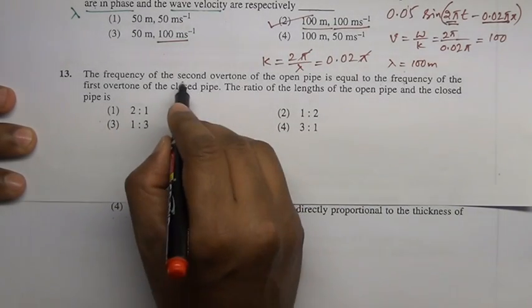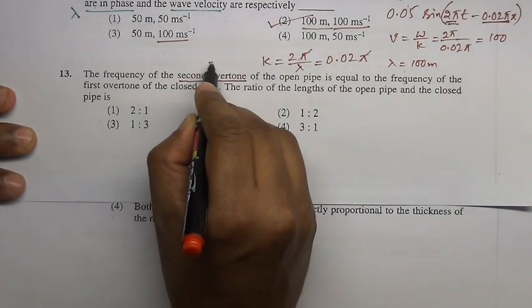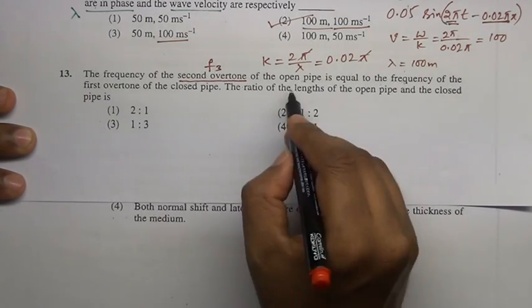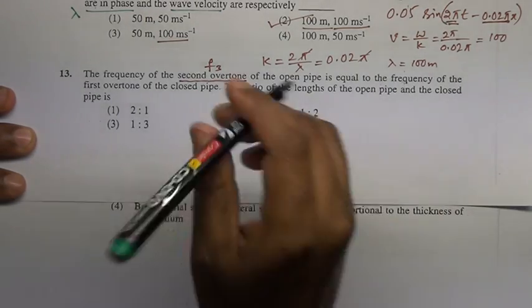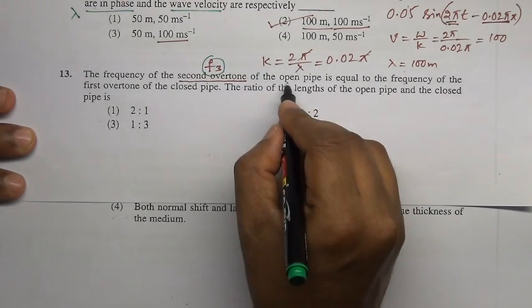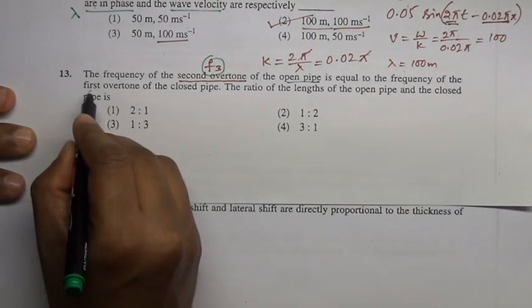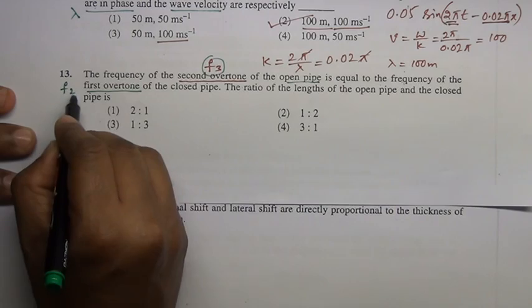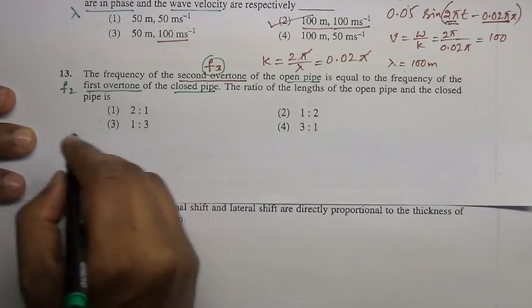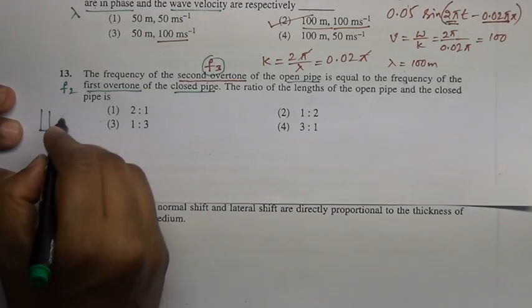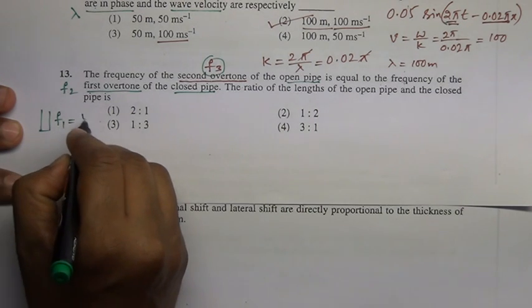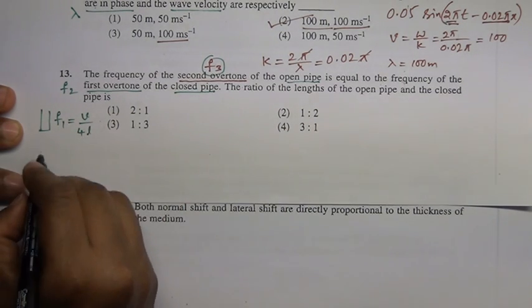Frequency of second overtone means F3 of open pipe. Second overtone of open pipe equals frequency of first overtone F2 of closed pipe. For a closed pipe, fundamental frequency is V by 4L.